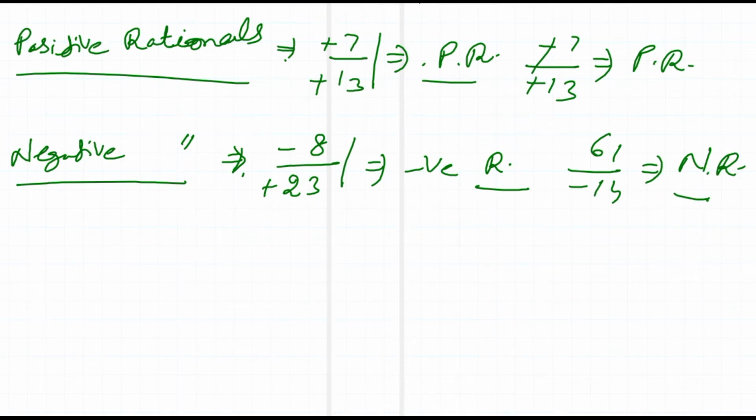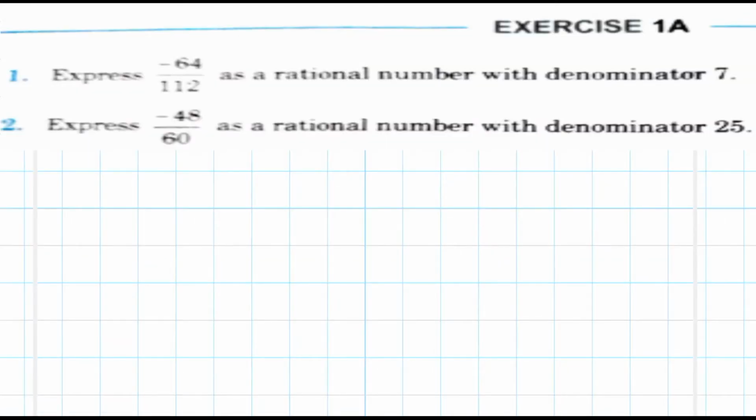Now let us move on to our exercise, which is exercise 1A. Question number one is: express minus 64 upon 112 as a rational number with denominator 7.